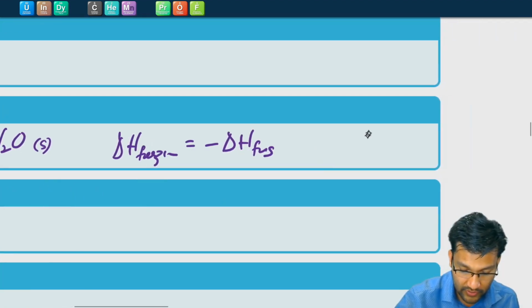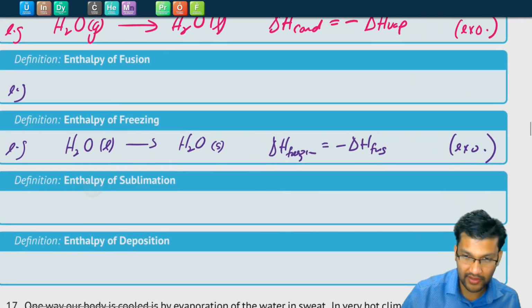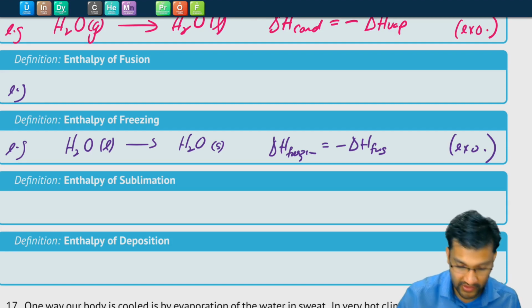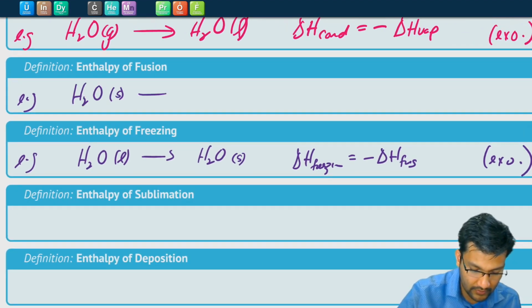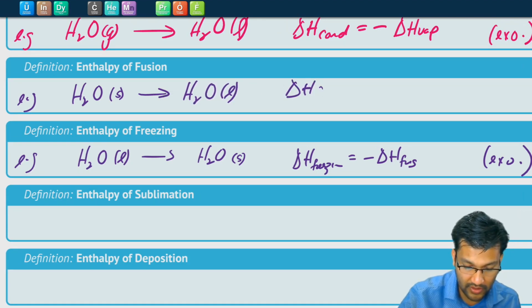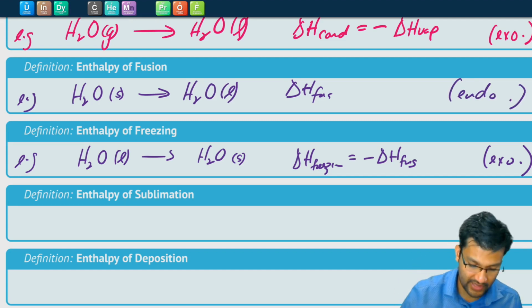This will be exothermic because, again, you're going from liquid to a solid, so you need to remove energy. In fusion, you're going from a solid to a liquid, and that's the enthalpy change we call the enthalpy of fusion. This is endothermic. You need to add energy to melt ice, for example.